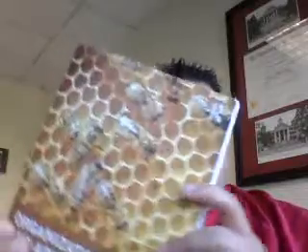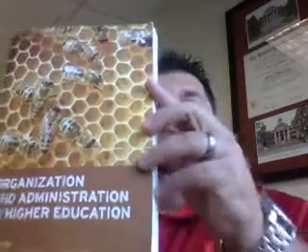The other book we're going to use is Organization and Administration in Higher Education. This is also a connecting book, and the goal is to have you not just understand organization and administration at a totally theoretical level, but also to connect it to practice. Everything we want to do in this program is for you to be able to utilize it in a real world situation in higher education.